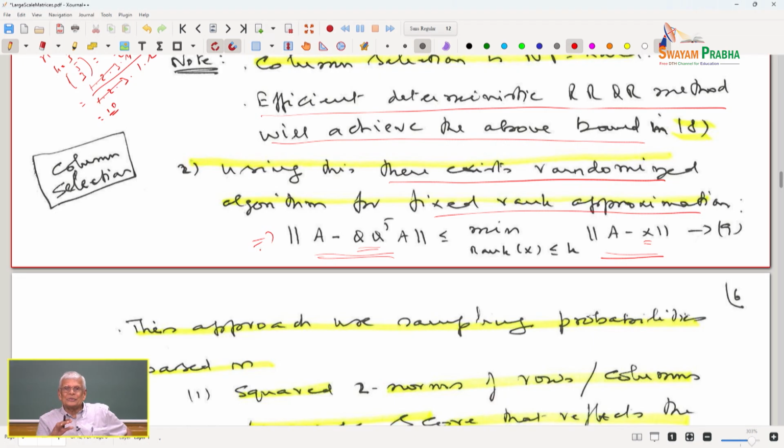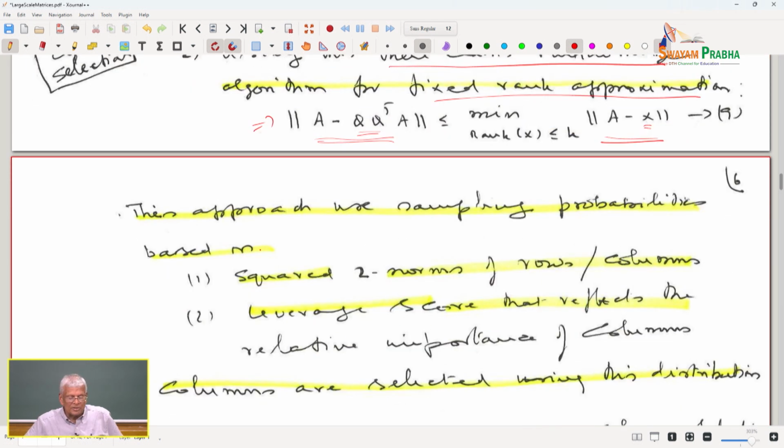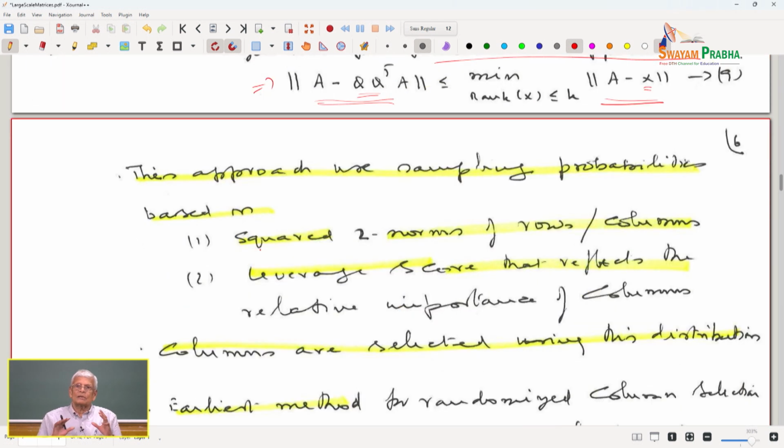Now, we are going to seek a randomized algorithm to achieve similar results. This approach uses sampling probabilities, please understand. So, I have to select the columns. One way to select is by random sampling, as we already talked about and illustrated the power of random sampling by the SVD idea that we already talked about.